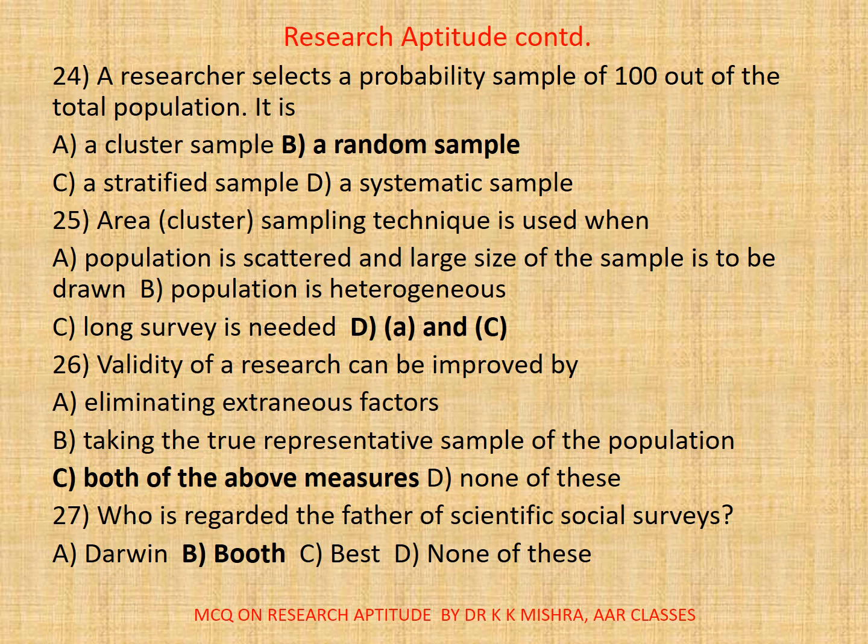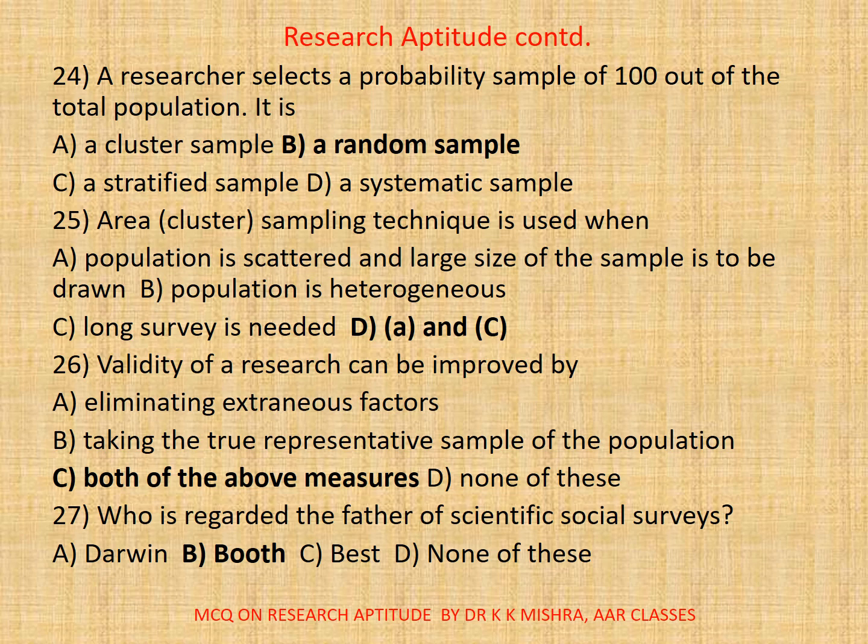24. A researcher selects a probability sample of 100 out of the total population. It is A. A cluster sample, B. A random sample, C. Stratified sample, D. Systematic sample. Correct option is B. A random sample. 25.